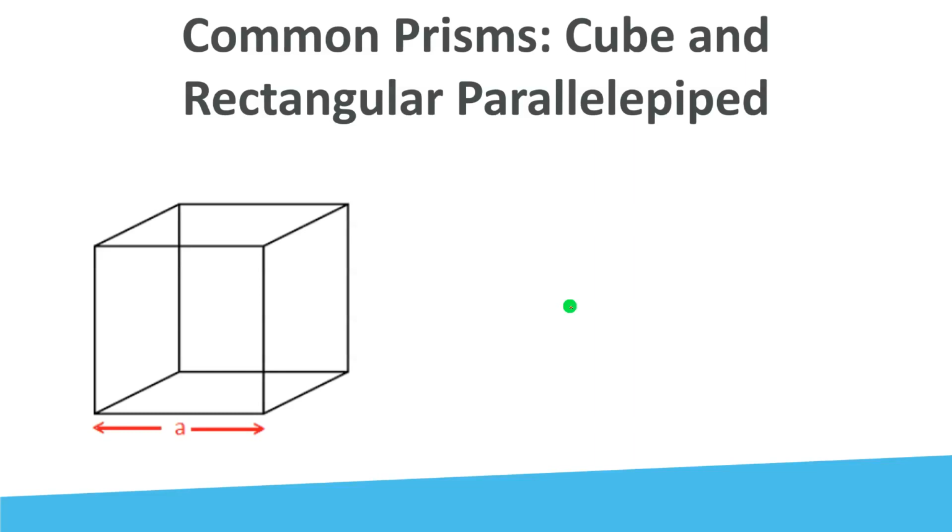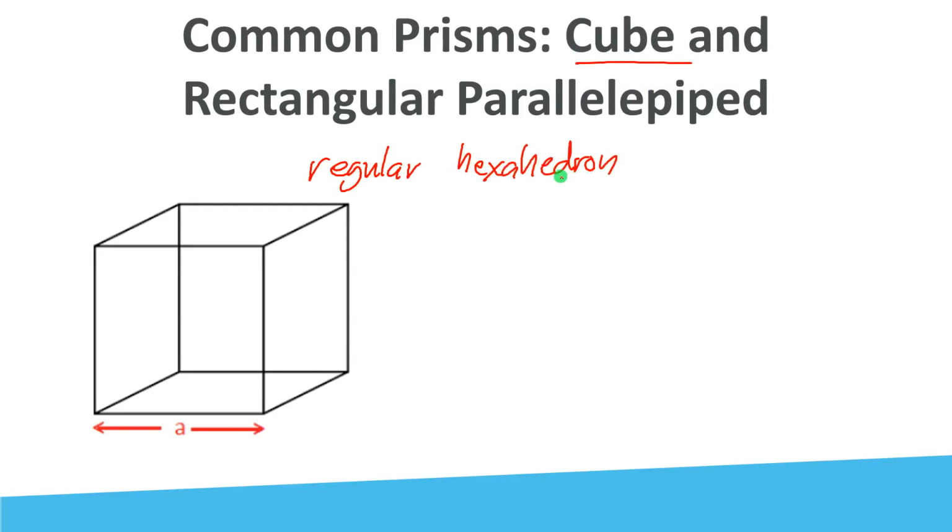Now let's discuss another type of prism, which is the cube and rectangular parallelepiped. They are also called common prisms. Starting here on the cube, a cube is also called a regular hexahedron.